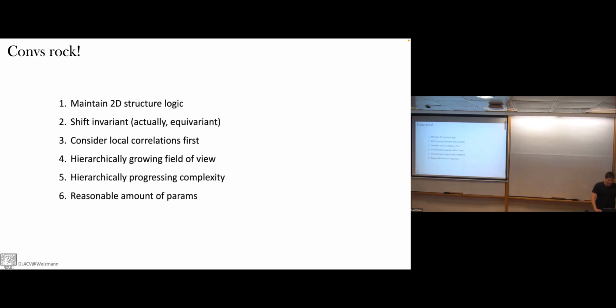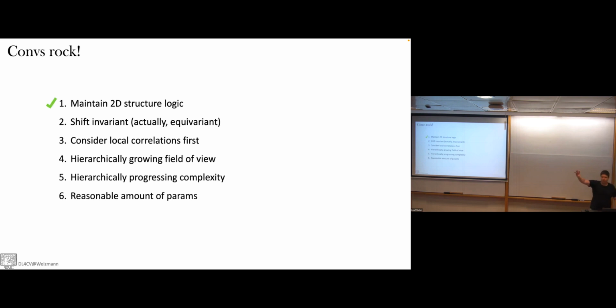So my point here is that convnets are cool. Let's check all these characteristics that we expected out of a visual recognition system. Does it maintain 2D structure logic? Yes. And is it shift equivariant? It is.